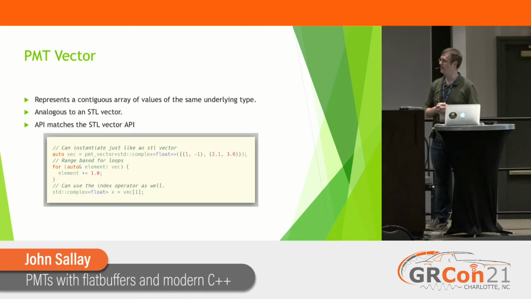So in the code snippet here, which I apologize if it's hard to read, you can construct it using all of the constructors for an STL vector. In this case, I'm producing one from a complex float. You can use range-based for loops. You can index it using the bracket operator. The goal, yet again, is that it feels just like you're using a standard template library vector and that it doesn't feel like you're using some bespoke object.